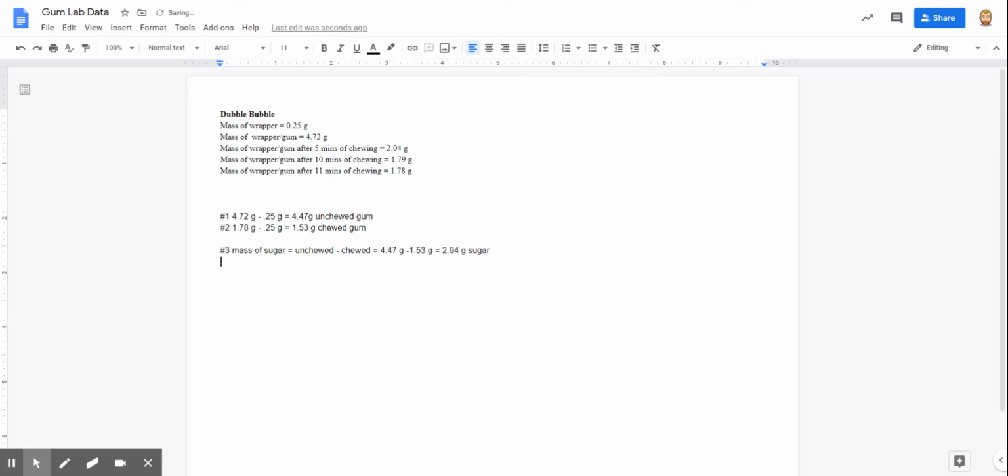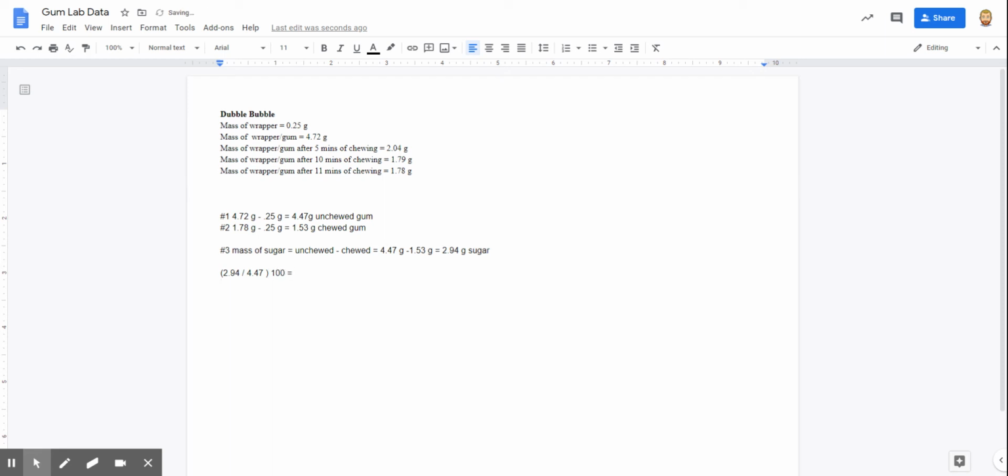The other part of the calculation, you need to take the grams of sugar, 2.94, and divide that by the total mass of the stick, which is 4.47. Then we're going to take that total and multiply by 100 and get our percentage.